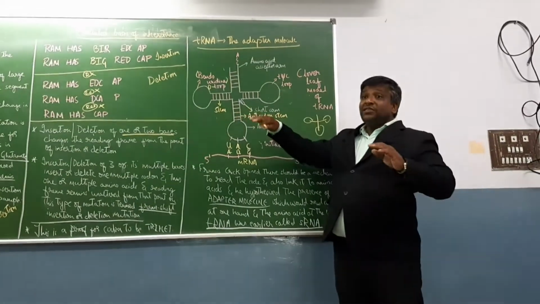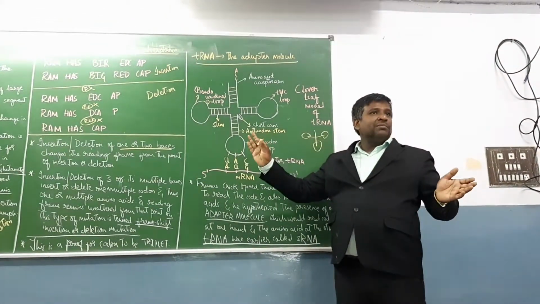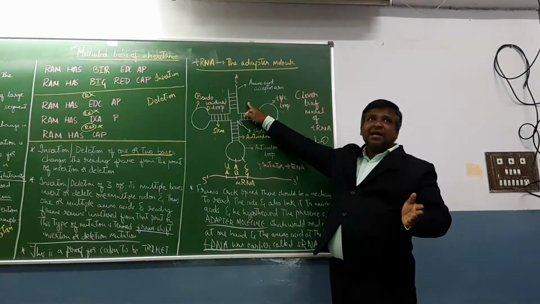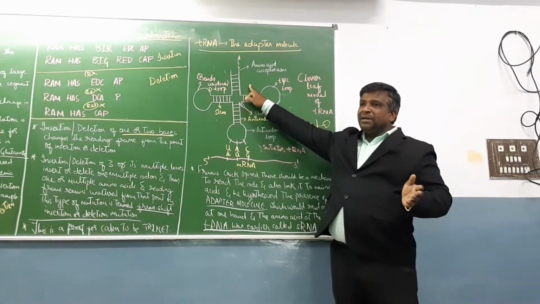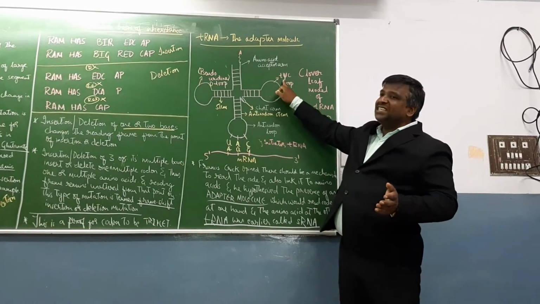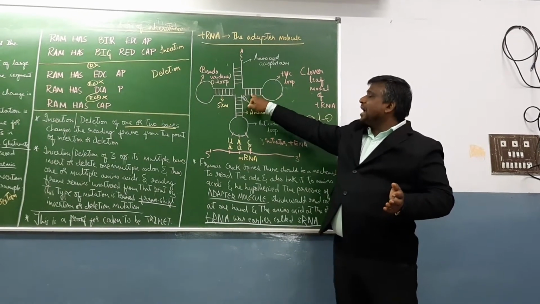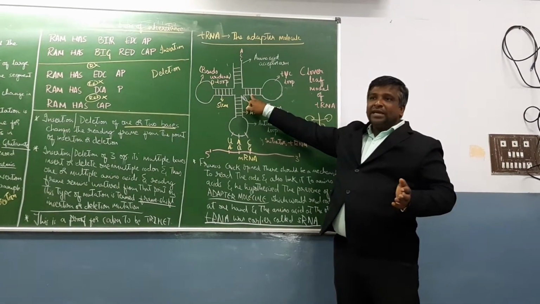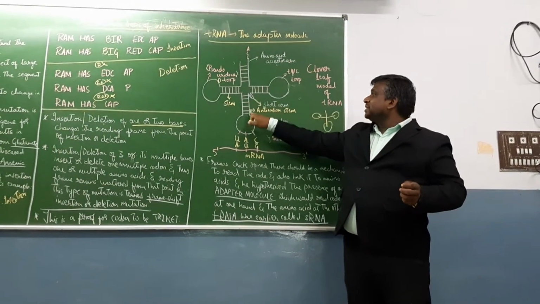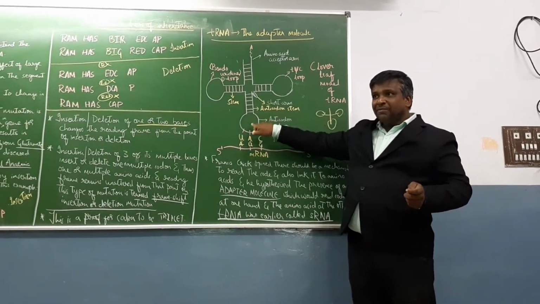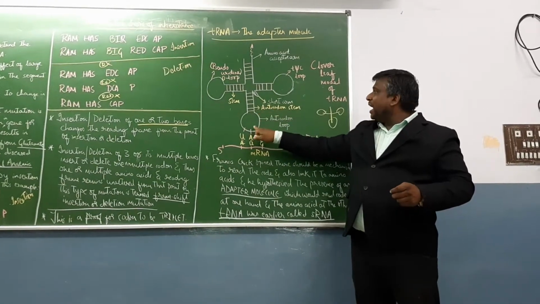So there are 3 to 4 arms. Amino acid acceptor arm, with CCA at the end. Then there is the T psi C loop and arm. Then there is a short arm. Then there is the anticodon arm, which has the anticodon stem and anticodon loop.